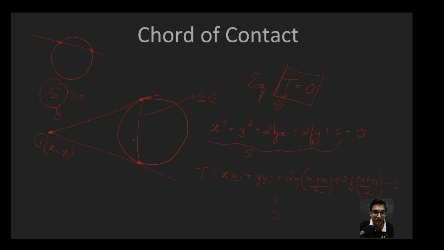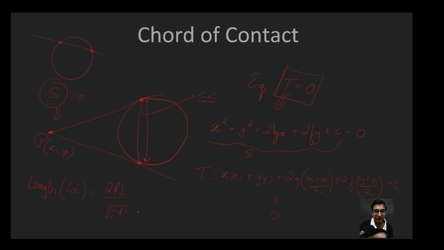thing that you must remember about the chord of contact. From here to here, of course, this is my length of chord of contact. You can simply just remember the formula of finding out the length of chord of contact, and it is written as 2RL by root under L square plus R square.